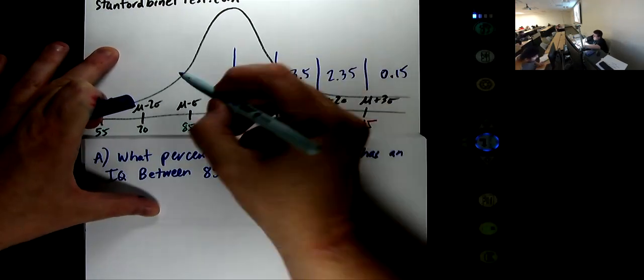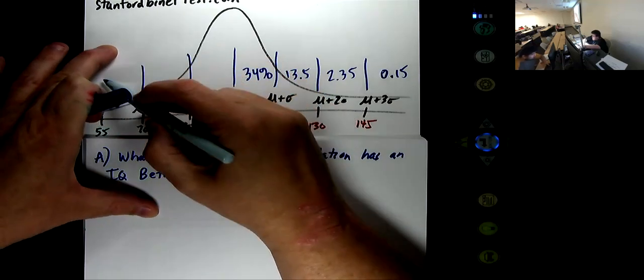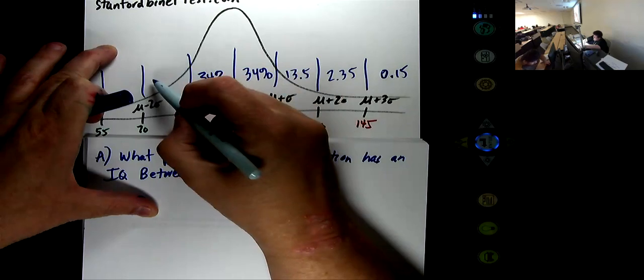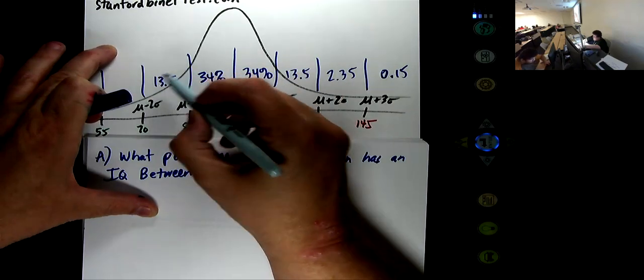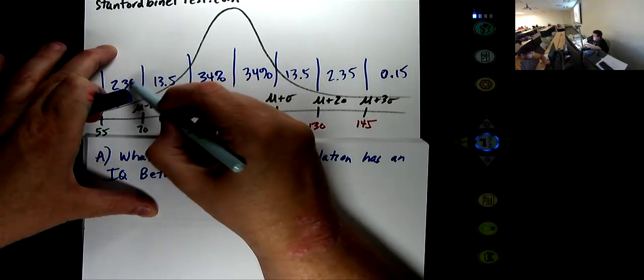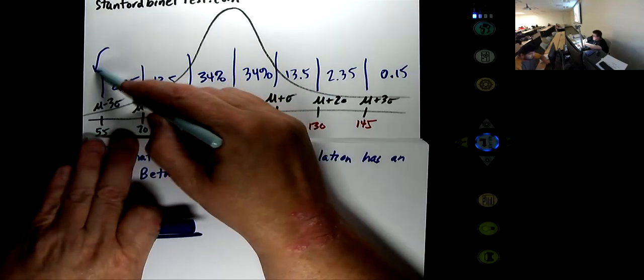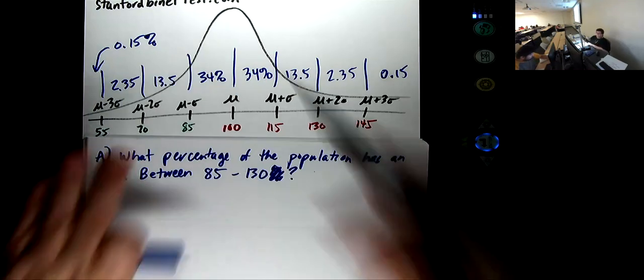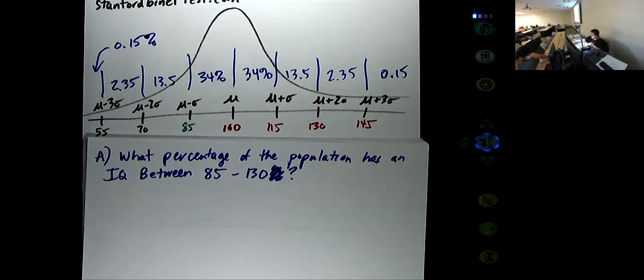And we'll do the other way. 34%, 13.5%, 2.35, and over here 0.15. And they won't give you the graph.